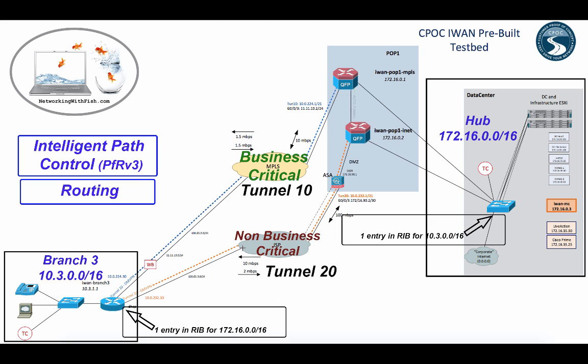Intelligent Path Control, PFR v3, can actually read the EIGRP topology table, and it can read the BGP table. It can actually make an intelligent decision at the WAN edge. If you recall correctly, branch 3 did have in its EIGRP topology table that it could get to 172.16.0.0/16 out over tunnel 20. It's just that EIGRP's DUAL only promoted one of them into the rib.